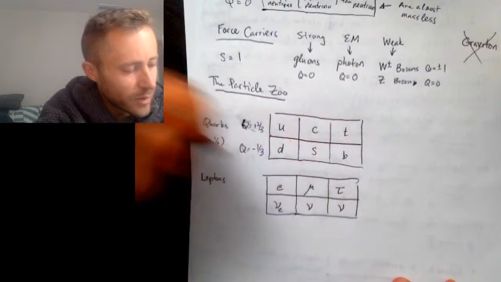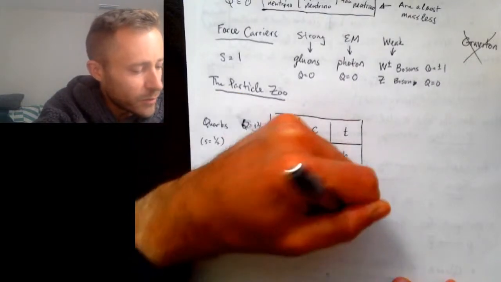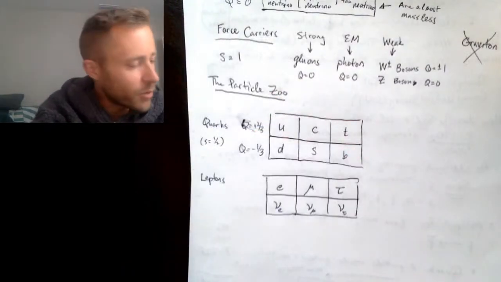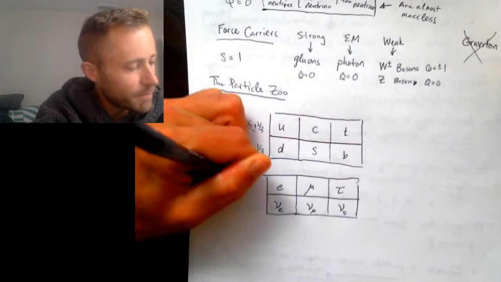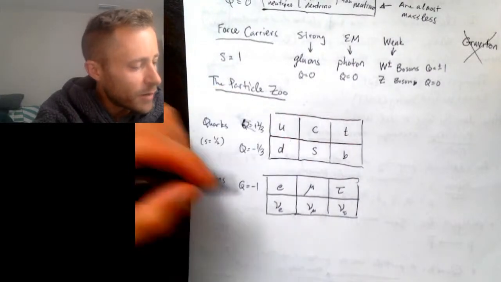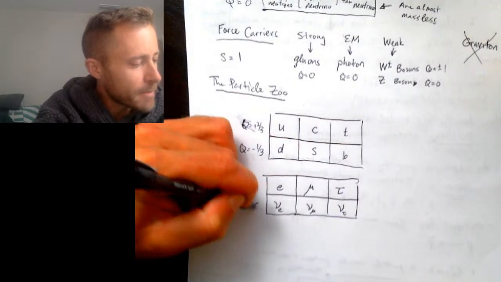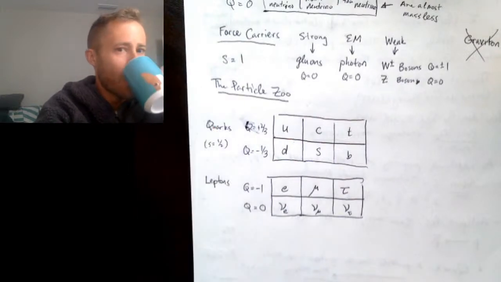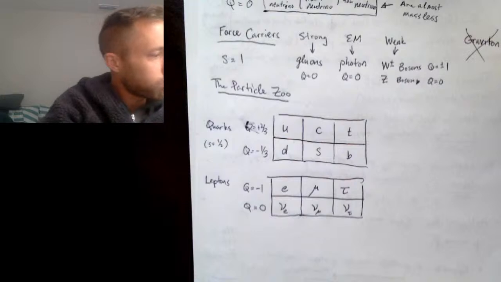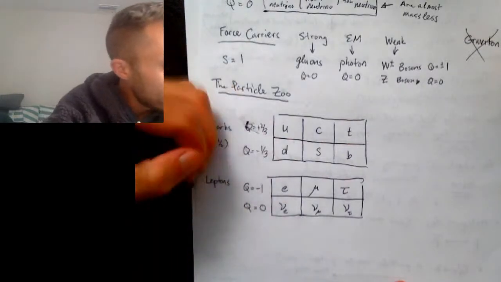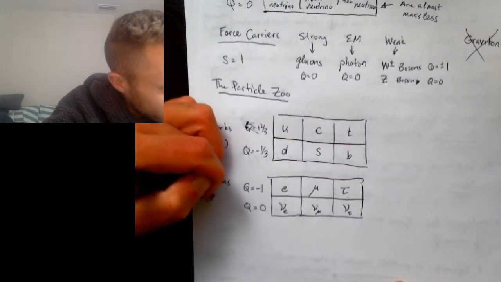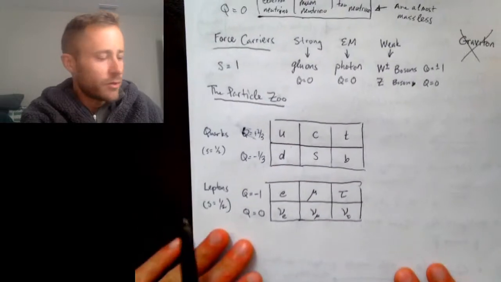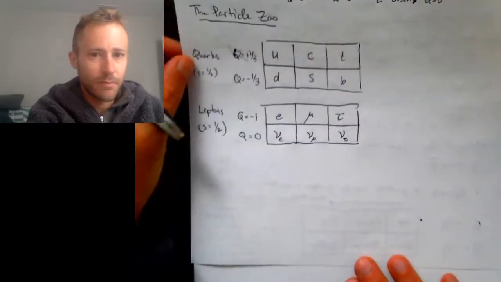So it's nu sub E, nu sub mu, nu sub tau. Now the top row has a charge of -1. The bottom row has a charge of 0. And then all of the leptons have spin 1/2. So the quarks and the leptons are what we think of as matter.